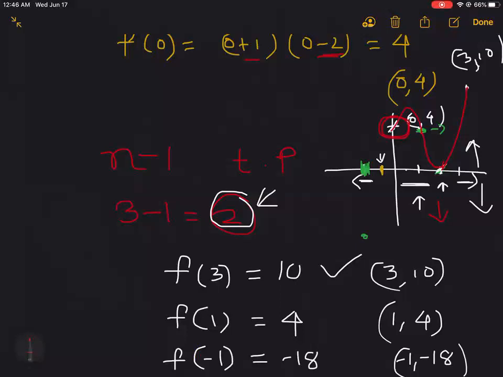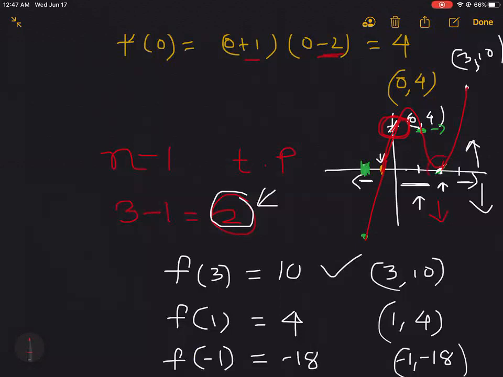Because it's actually going through that point 0, 4. So it will go up and then it will bounce back, okay? And I know that this will go past the x-axis at this 1/3, 0, and it will keep going. So that's my graph.